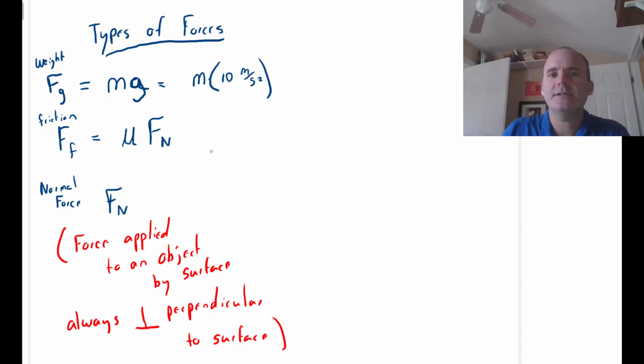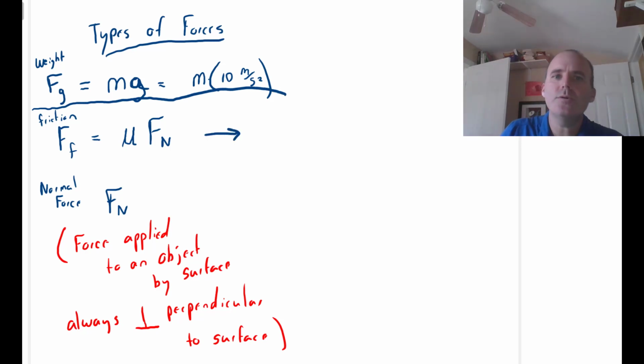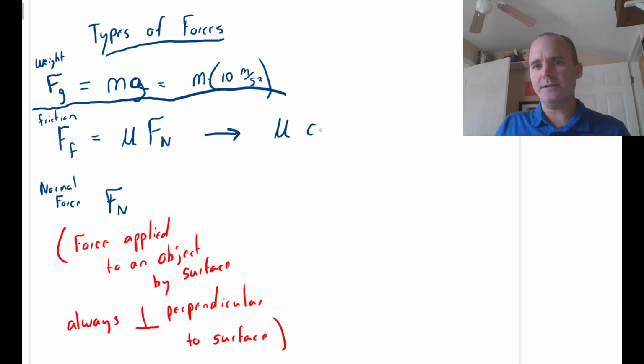Force of friction. So let's look at the force of friction here. So we got force of gravity, force of friction. Well, friction, this mu is the coefficient of friction for surfaces.